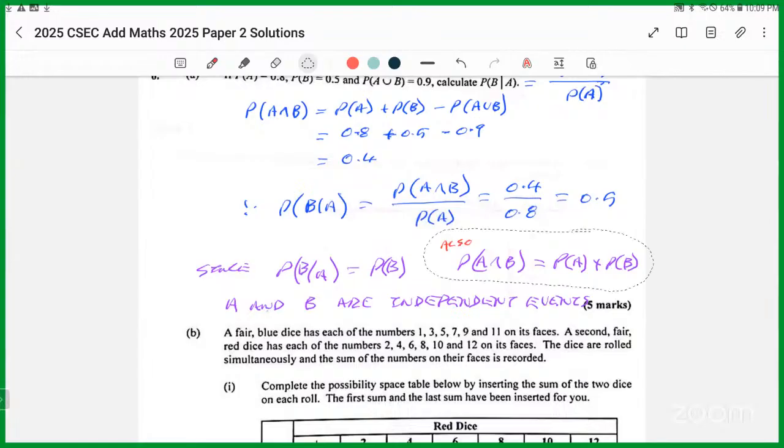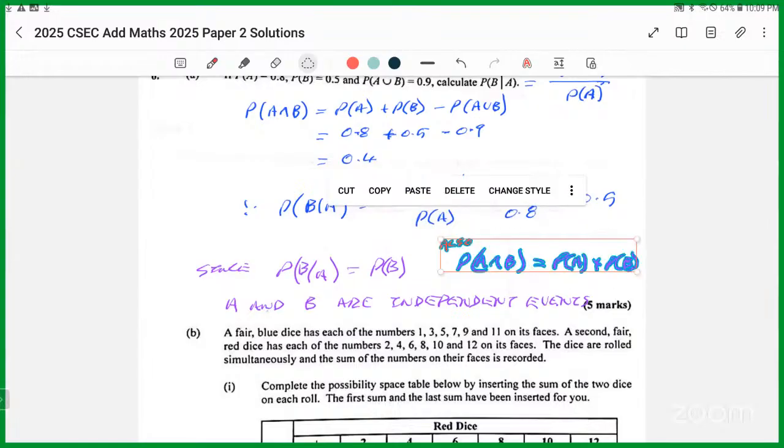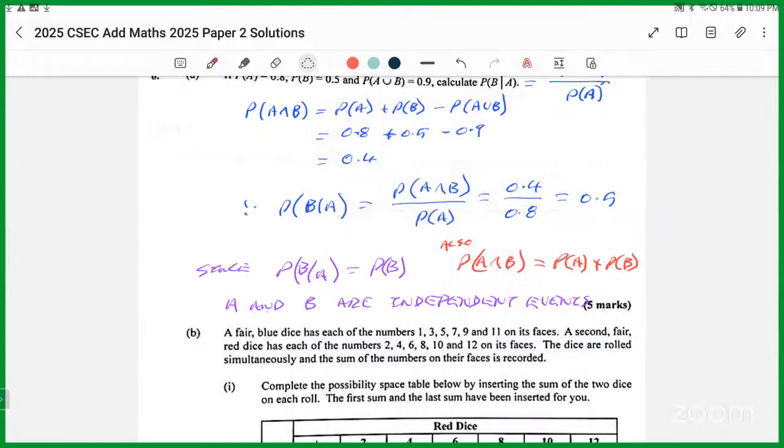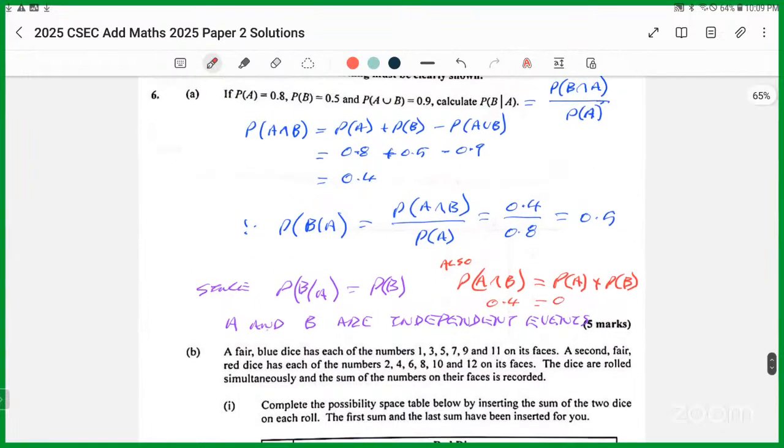So that's the other way. The intersection is 0.4, and that equals the probability of A, 0.8, times the probability of B, 0.5, which is true.